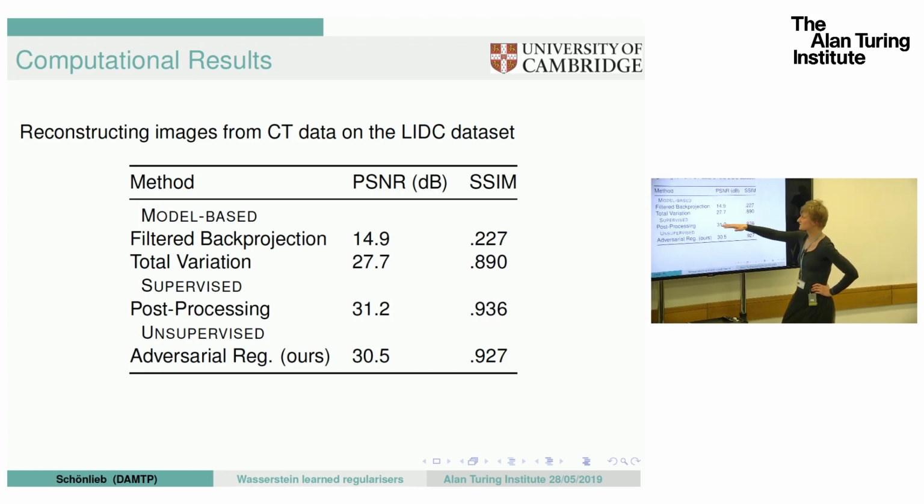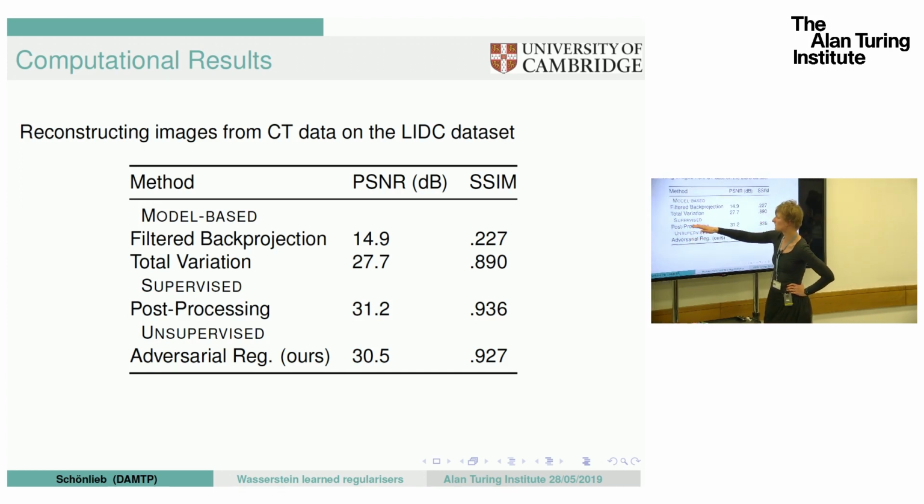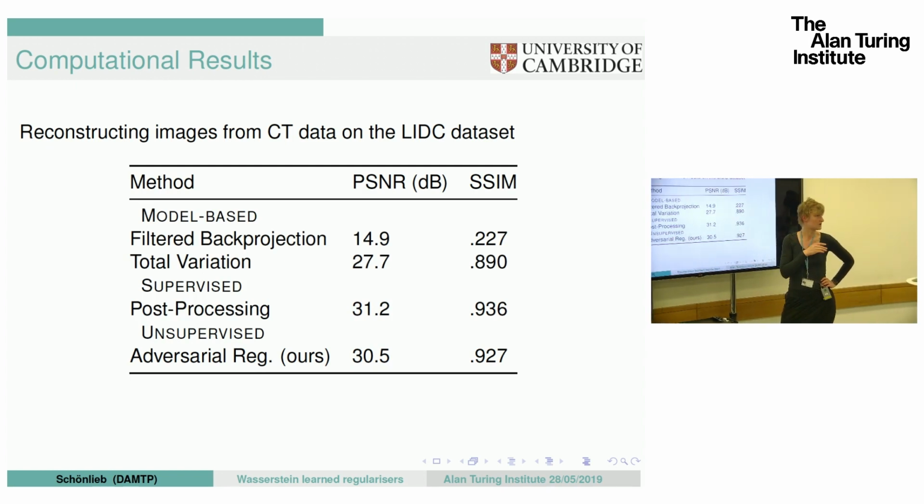So first of all, these are the 2 learned approaches, okay? And these are 2 different quality measures that I apply on the reconstructions that I get: peak signal to noise ratio and structural similarity index measure. The higher, the better, okay?